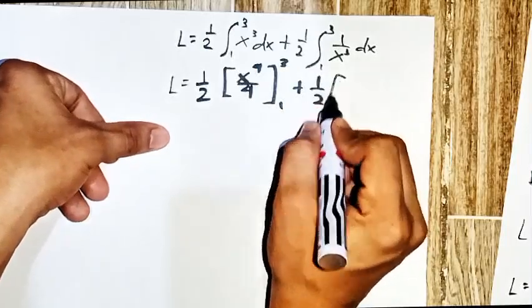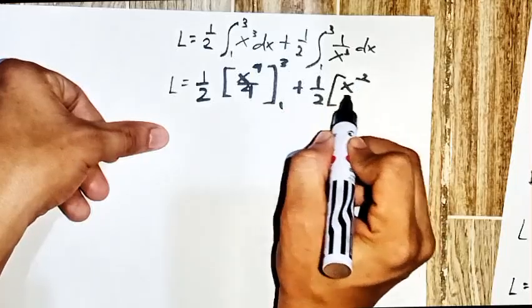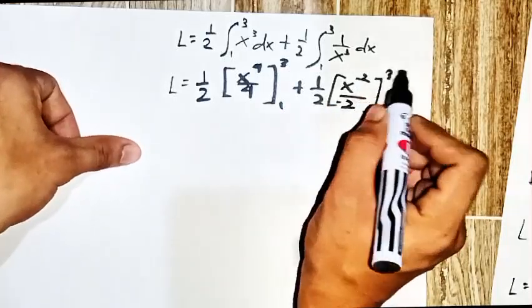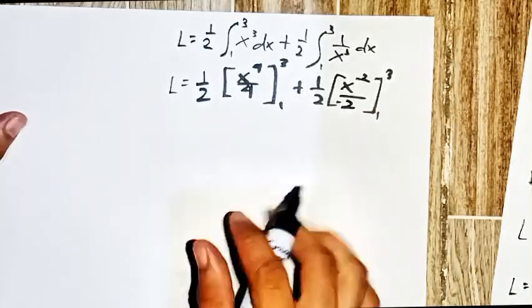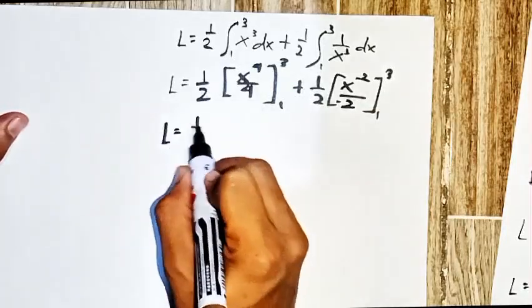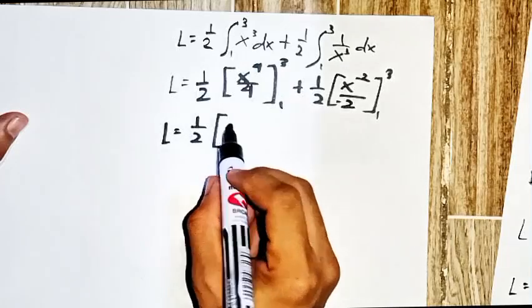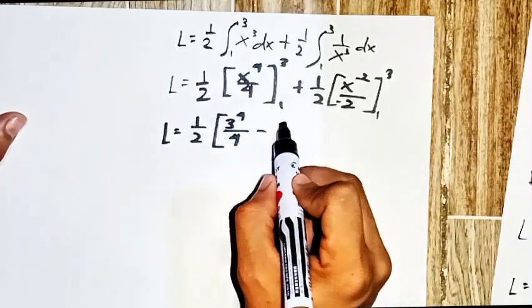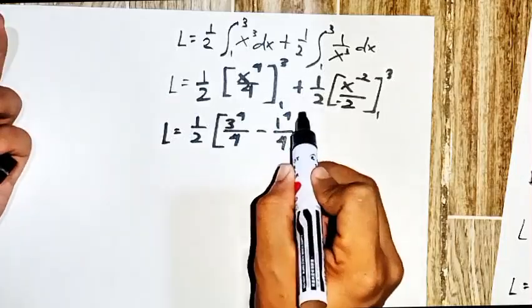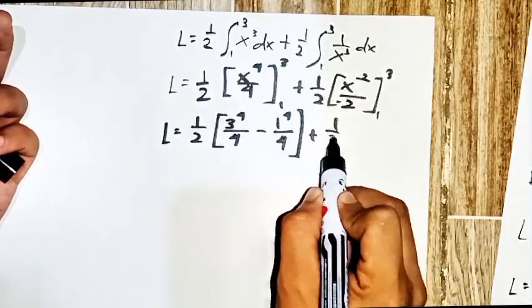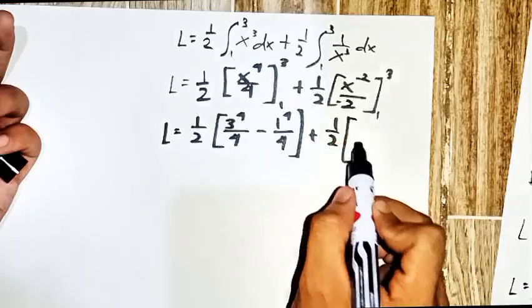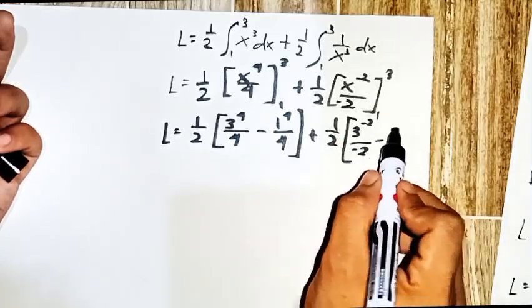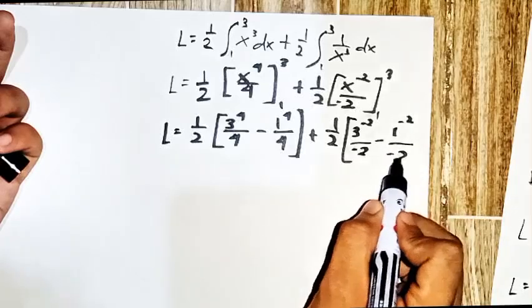So x to the negative 2 over negative 2, from 1 to 3. So substitute the upper and lower limit. So L is equal to 1 half. We have our upper limit, 3 to the fourth over 4 minus 1 to the fourth over 4, plus 1 half, 3 to the power of negative 2 over negative 2 minus 1 to the negative 2 over negative 2.